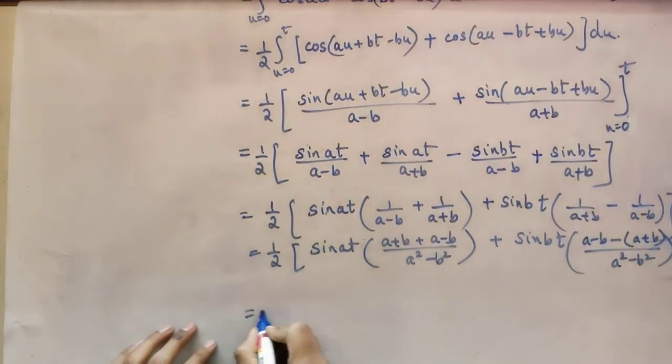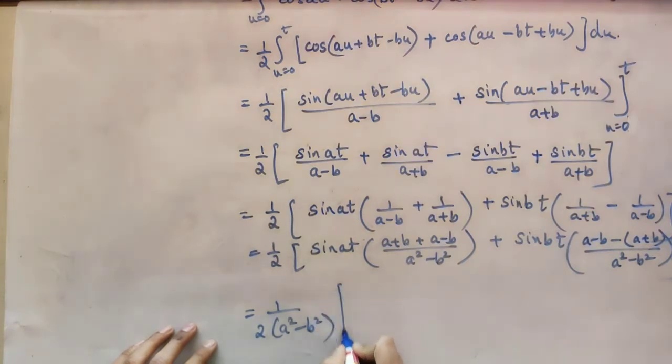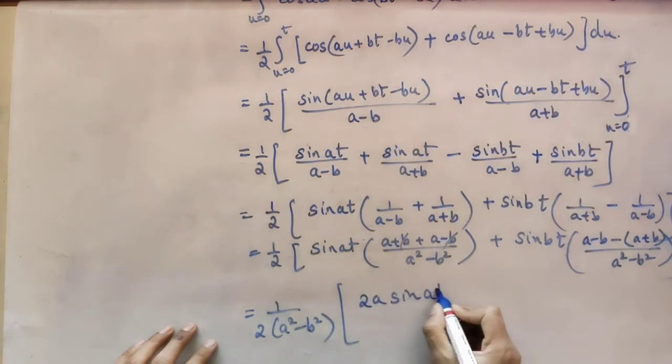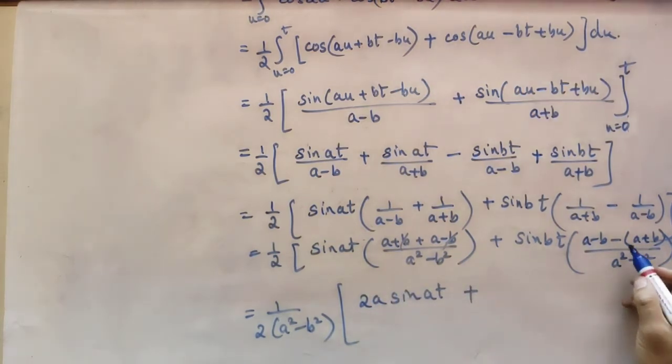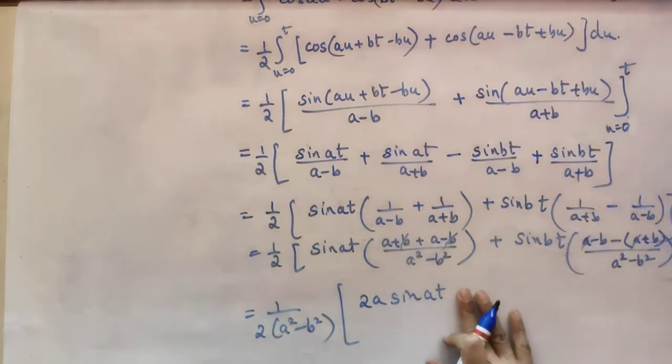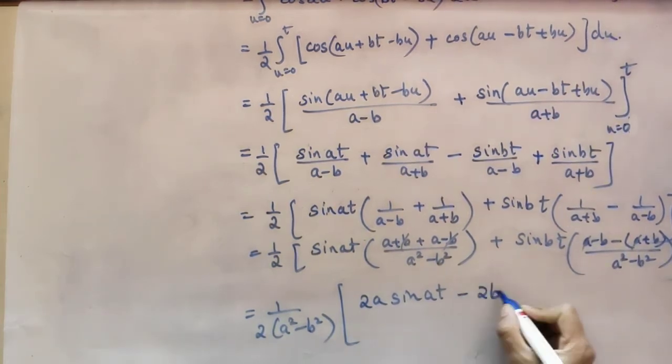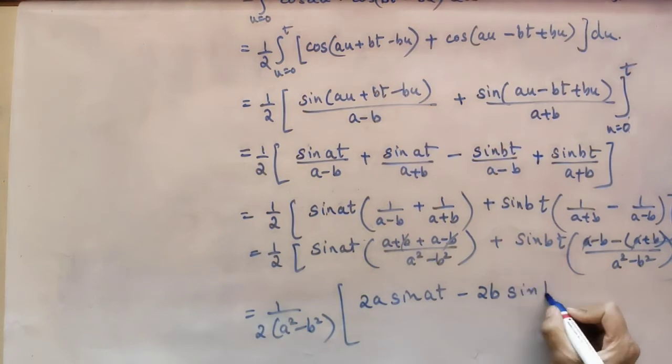Now the denominator is common to both, 2 times a square minus b square, I will write it as it is. Now if you see, plus b minus b will get cancelled, you will be left with 2a sin at. Here plus a minus a will get cancelled, so minus 2b sin bt you are left with.